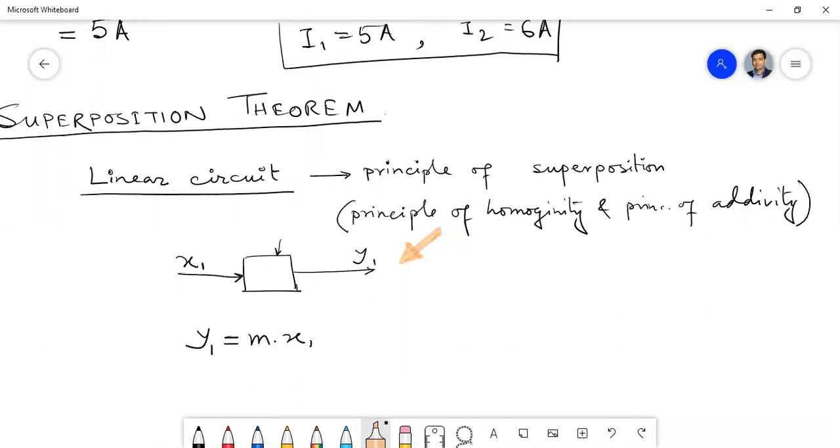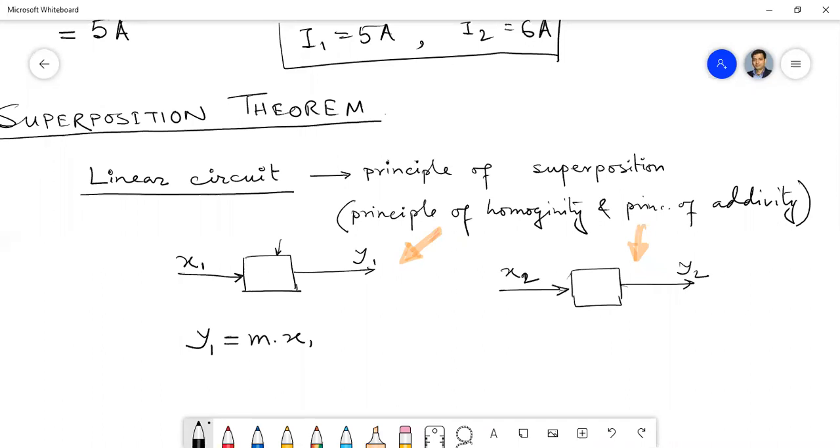Next is the principle of additivity. Suppose the same system, the same black box, gives y2 when I apply x2. By giving x1, I get y1.